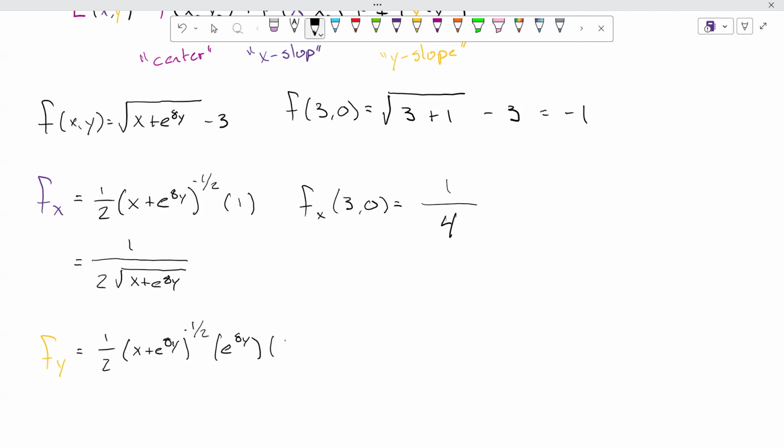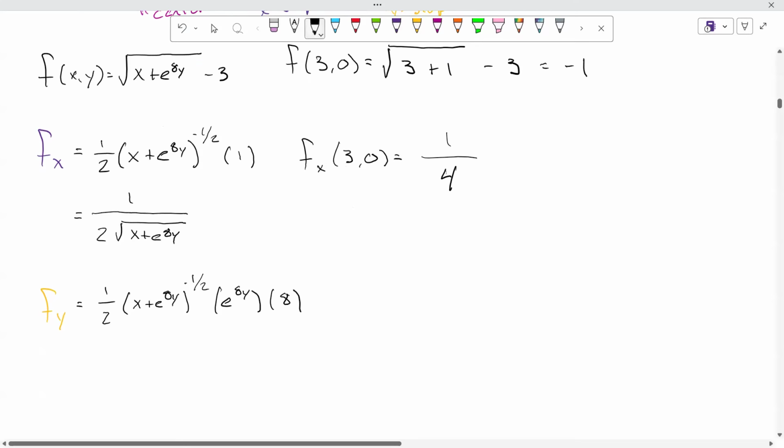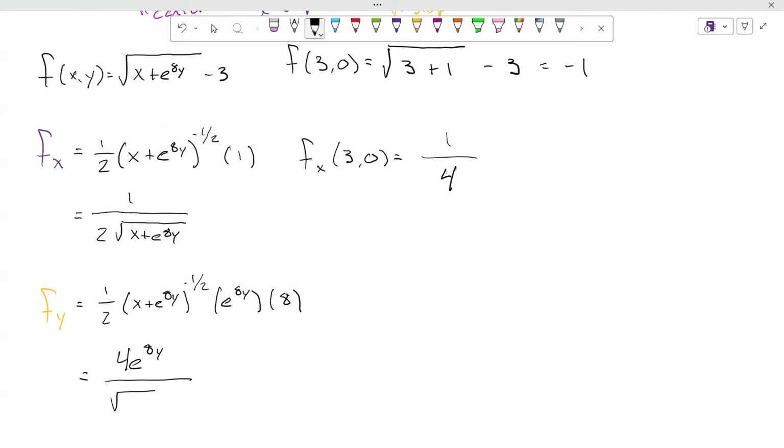And then the derivative of 8y is 8. If I just do my chain rule enough times, I'll eventually get to an answer. So ultimately, I might call this thing 4e to the 8y divided by the square root of x plus e to the 8y.